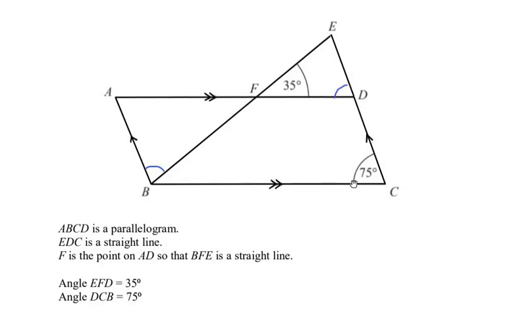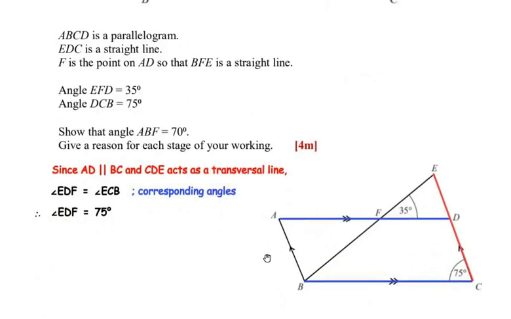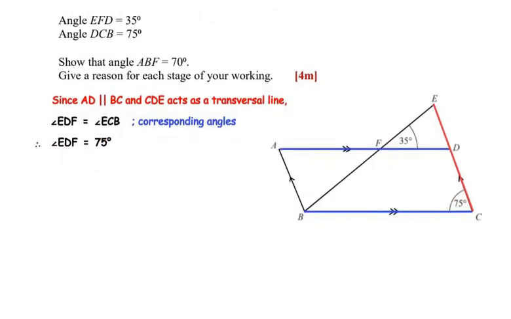Now we have reconsidered this figure over here for easy reference. And we have highlighted the two parallel lines, that is AD and BC. Now here, the line CE acts as a transversal line which cuts the two parallel lines at point C and point D. So here we have written, since AD is parallel to BC and CDE acts as a transversal line, angle EDF, that is this angle, will be equal to angle ECB, that is this angle, because they form the corresponding angles of the two parallel lines, and we know that the corresponding angles will be equal.